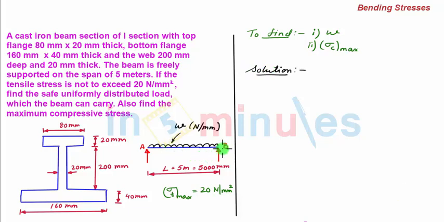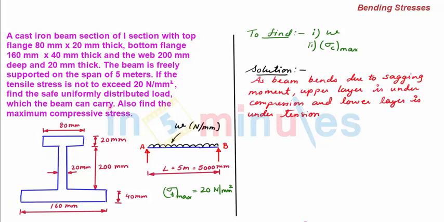Now we see, as per the given loading condition, the beam will bend in a manner like this, which is called sagging moment, due to which the upper layer will be subjected to compression whereas the lower layer will be subjected to tension. Also, for a simply supported beam with uniformly distributed load of W over the whole span, the maximum bending moment BM max is given as WL square by 4.